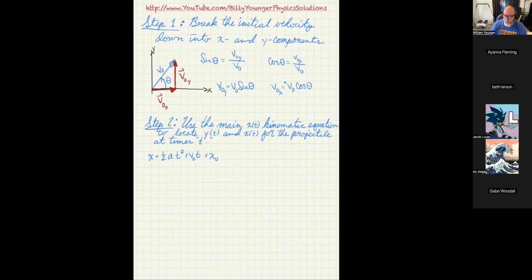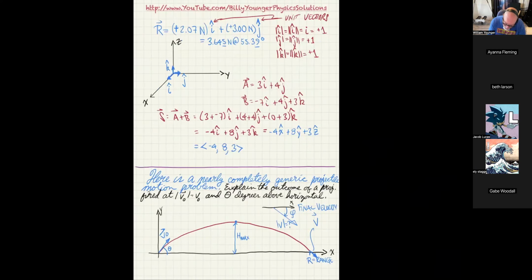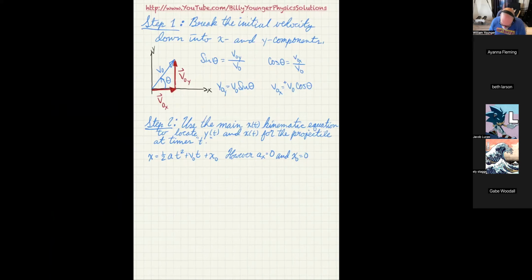In terms of the x motion, though, the acceleration is 0. So, however, a sub x is equal to 0, and x0 is equal to 0, because remember, on the original drawing here, I put that the projectile started at the origin, so that x0, y0 is equal to 0, 0. Because of that, x0 is going to be 0, and because we're ignoring air resistance, the acceleration in the x direction is 0.